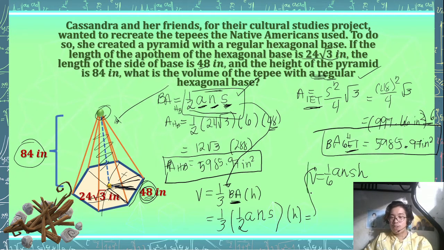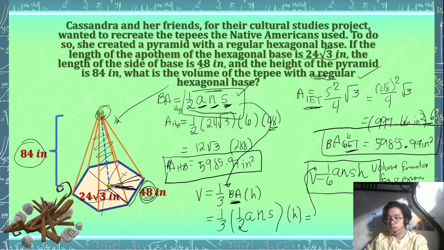So this is our very general volume formula for a pyramid with a hexagonal base, and it is a very specific formula. You can derive it from the formula for a pyramid just by using the base area information that we have.